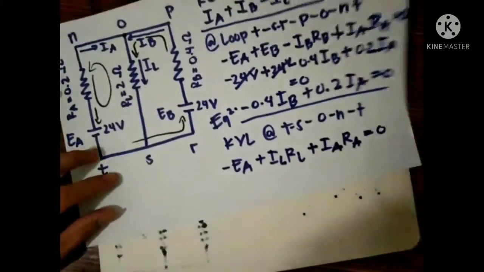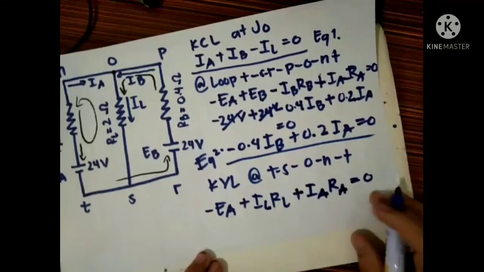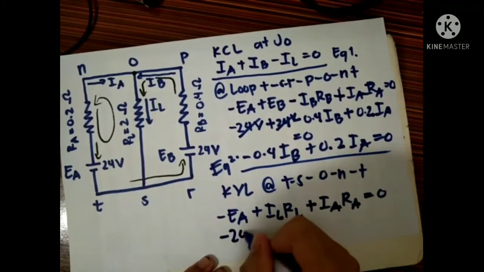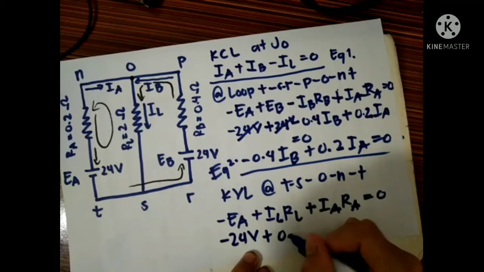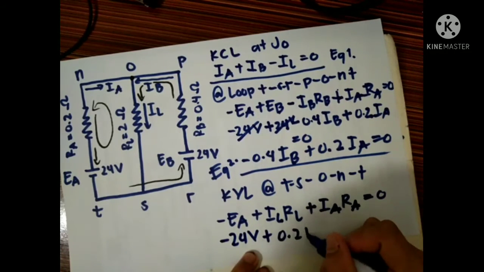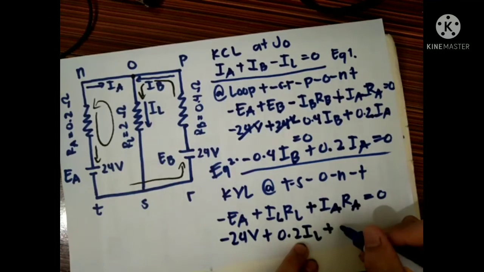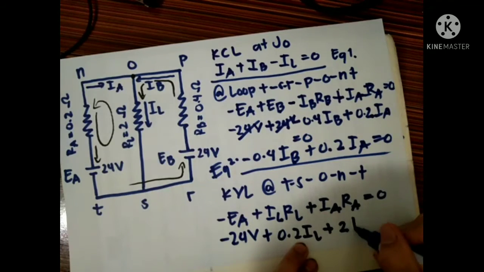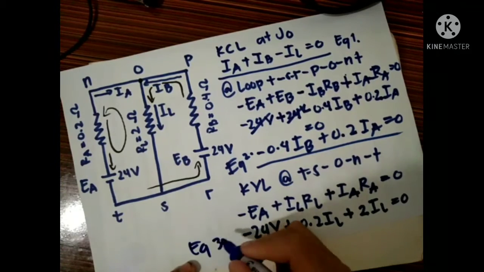So we can plug in the values. Negative 24 volts plus we have the 0.2 IA plus the value for RL, which is 2, multiplied by IL, is equal to 0. So this is equation 3.